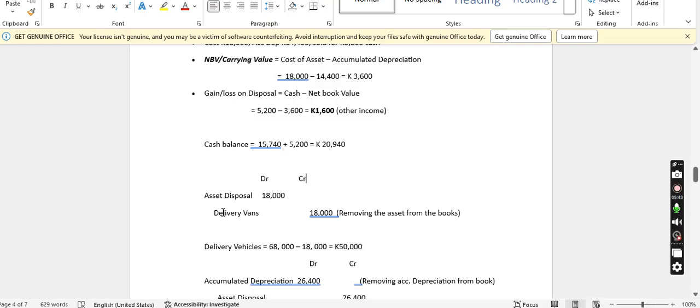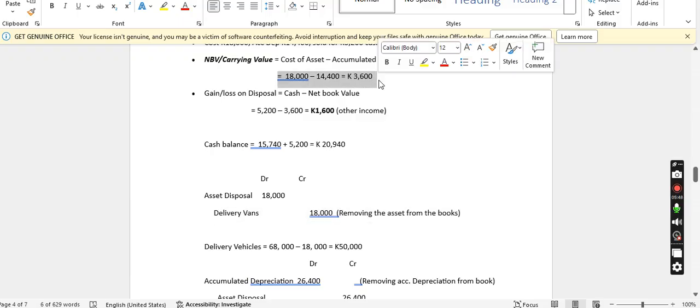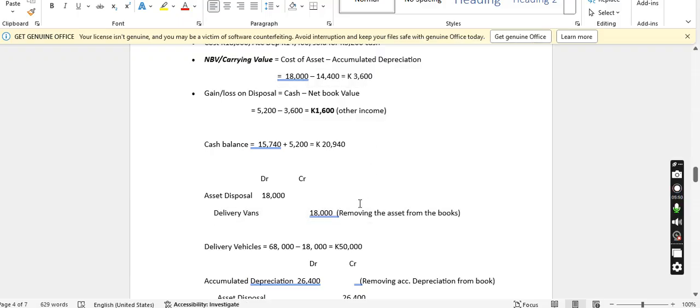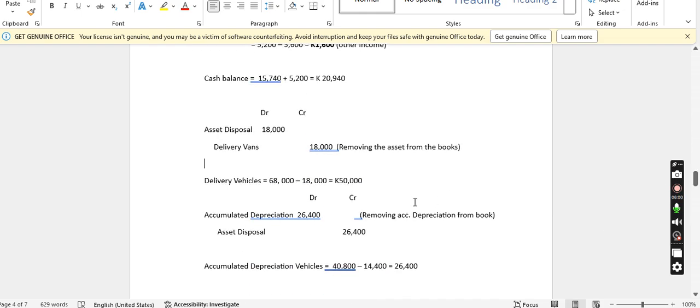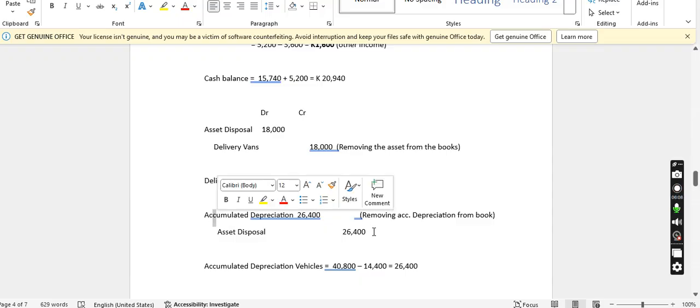So this credit entry is this subtraction we've done here. All right. Then also we need to remove the accumulated depreciation for the van that we sold. So you need to debit the accumulated depreciation.